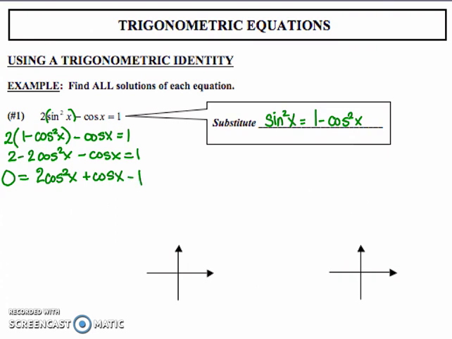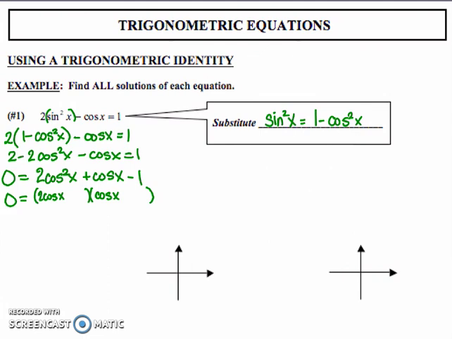So hopefully you recognize right now when you see this that this is going to be a factoring problem. We have a trinomial. Think of this as 2a squared plus a minus 1. So you could factor that any way that you want. I am just going to factor this by guess and check. If I have 2 cosine squared x, that means that one of these has to begin with 2 cos x, and the other one has to begin with cos x.